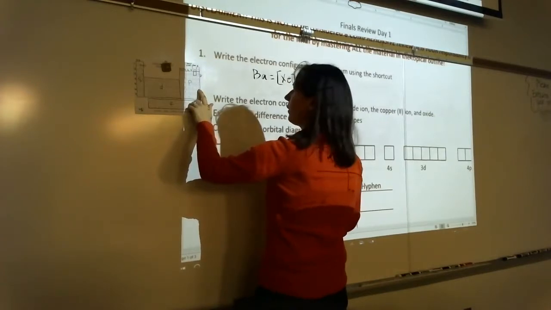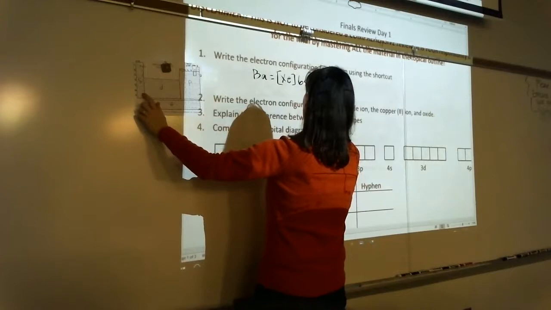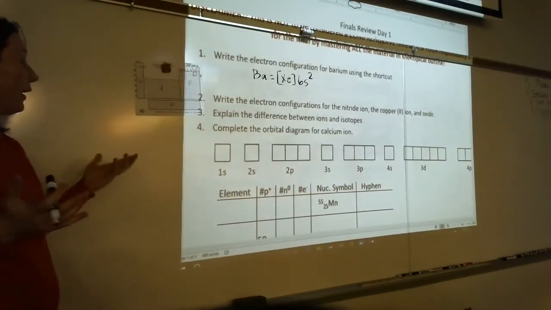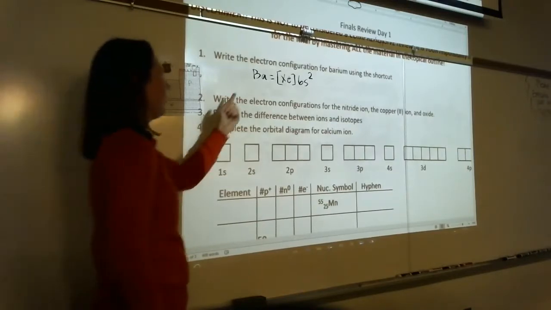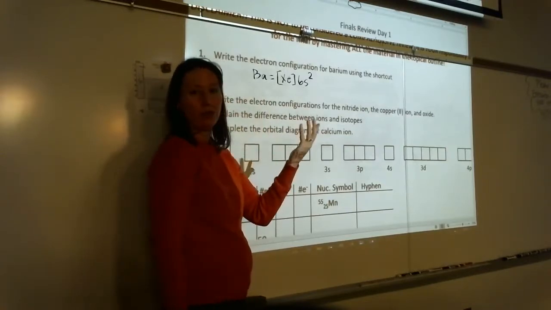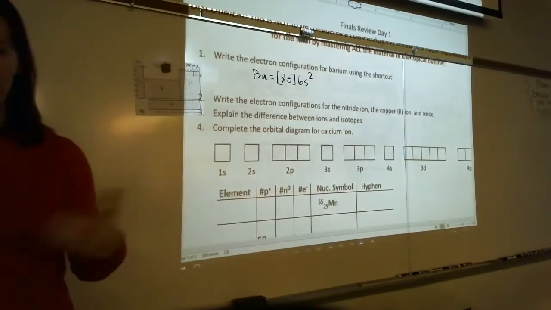Xenon. And then all we're responsible for are the leftovers. So xenon 6s2. That's it. If I said write the full electron configuration, it's going to take a long time. But I specified using the shortcut. If I don't specify one way or the other, then you can choose either one. But if I specifically say give me the long one, then I want the long one.